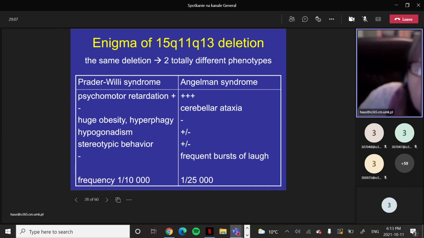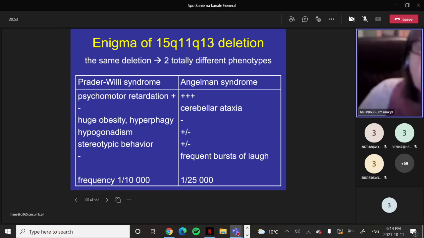Why is this big differences between two syndromes which are caused by the same cytogenetic change? Because it depends on the origin of chromosome in which occurs this deletion. When this deletion occurs on paternal chromosome 15, it causes Prader-Willi syndrome. If this deletion occurs on maternal chromosome 15, it causes Angelman syndrome.